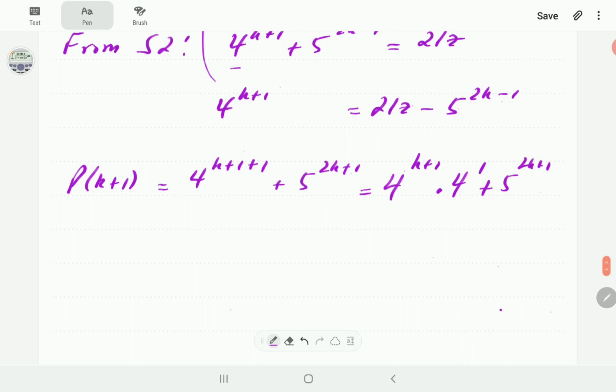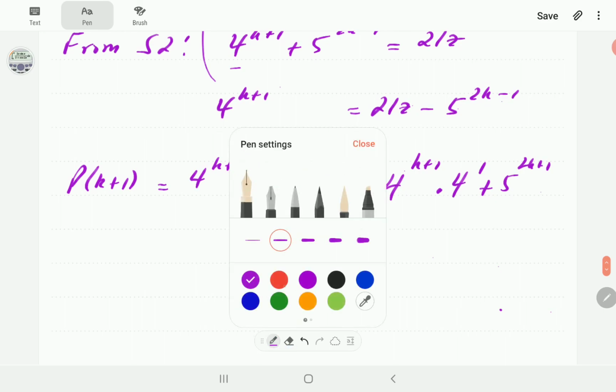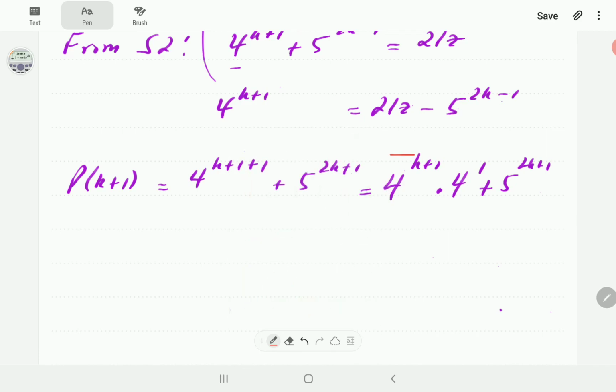Alright, and then this now is the same as this. So we can take that and plug it in there.